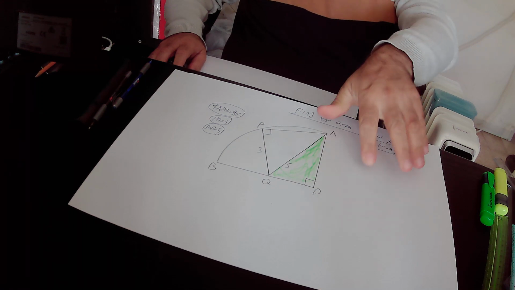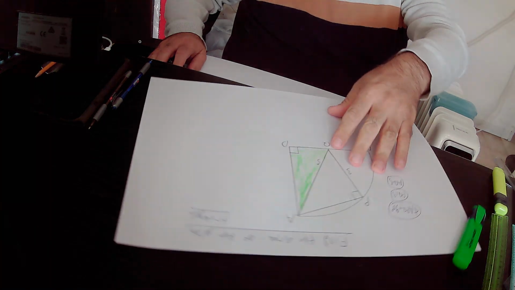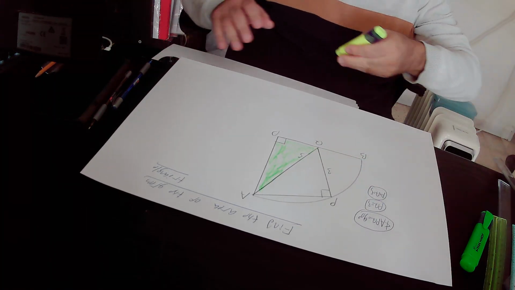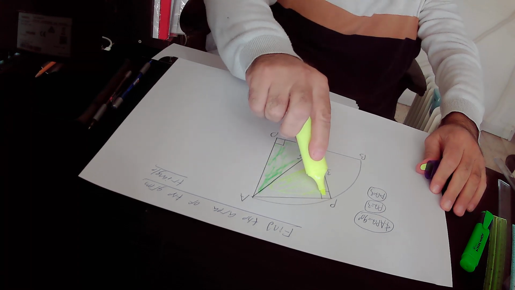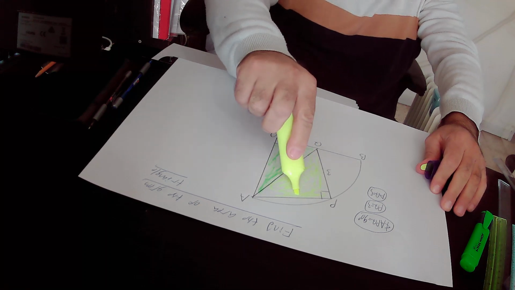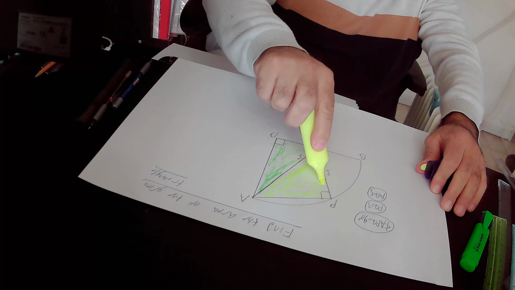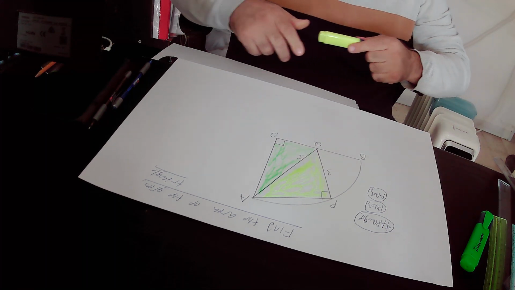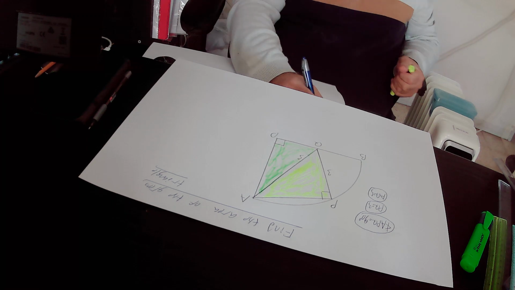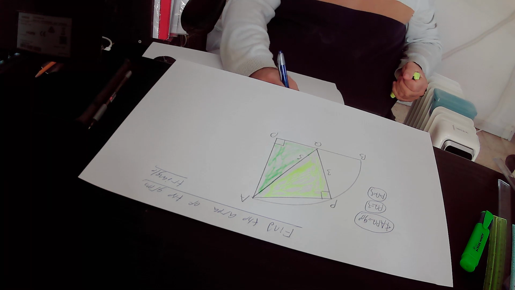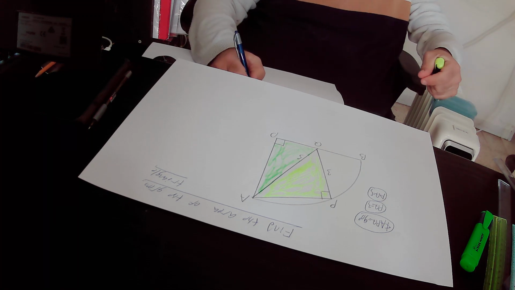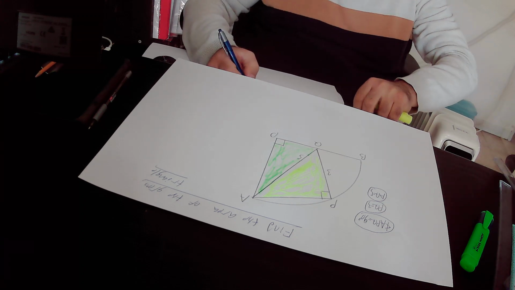Okay, so first of all we focus on the right yellow triangle APQ. According to the Pythagoras theorem, in any right triangle, the square of the hypotenuse equals the sum of the squares of the perpendiculars.